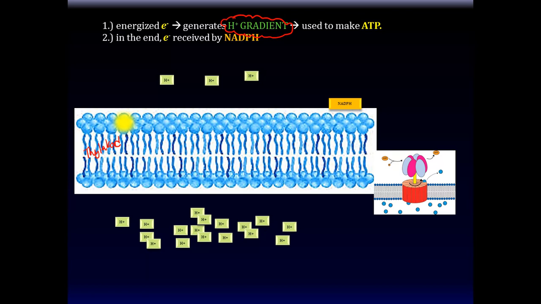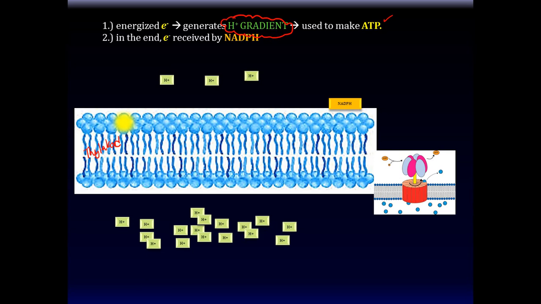It's used to drive hydrogen ions to one side compared to the other side, and this hydrogen ion gradient is used to make ATP. So that's the key. If you understand that, you understand the light reactions. This electron is used to generate a gradient, which means more hydrogen ions on one side than on the other side of the membrane.